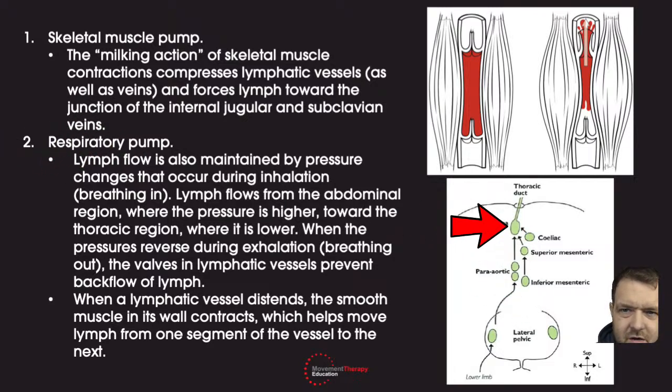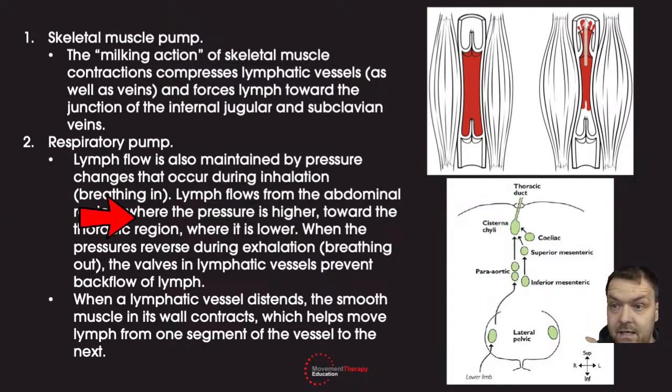As I mentioned, you've got your cisterna here, and then the thoracic duct, which pierces through your diaphragm. So if you breathe, it's going to compress and relax, and that will help to push the lymphatic fluid back up the thoracic duct. Flow is maintained by pressure changes that occur during inhalation.